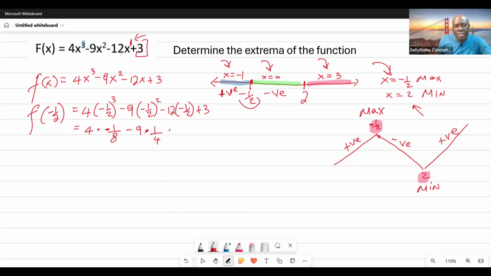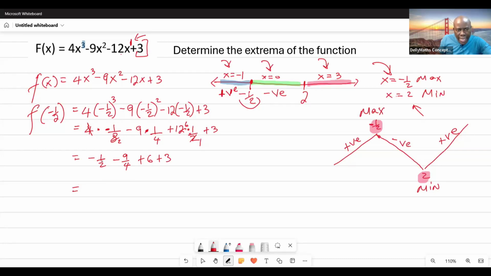And then minus, so 2 minuses is going to be a plus, and negative 12 times negative a half is going to be positive 12 times a half, and then we're adding 3. All right, just to take all the steps. As you could see, I could cancel 4 into itself, 4 into this 2. So this part at the front is negative a half. And for this, I have minus 9/4 coming out of that. But for this part, I'm getting a 6 when I cancel. So this is a plus 6, a plus 3. And we could now break it down easily.